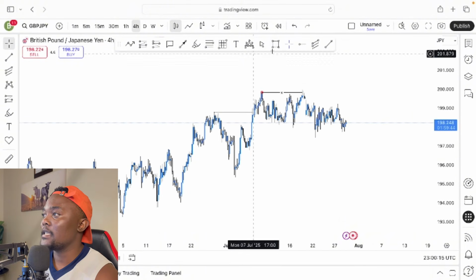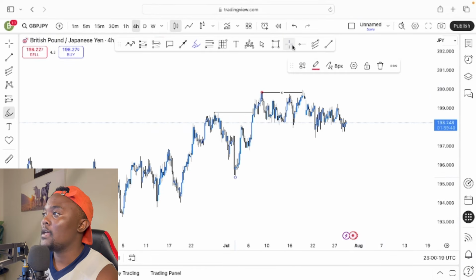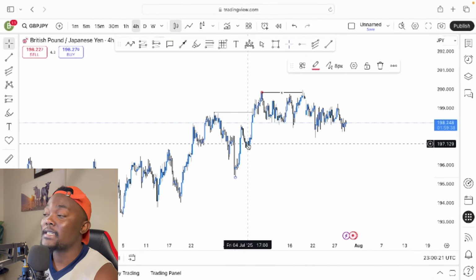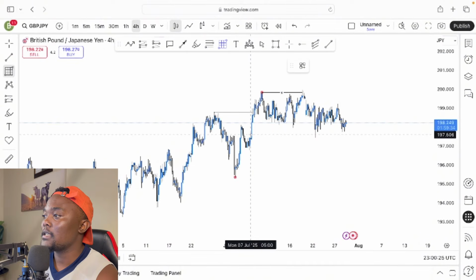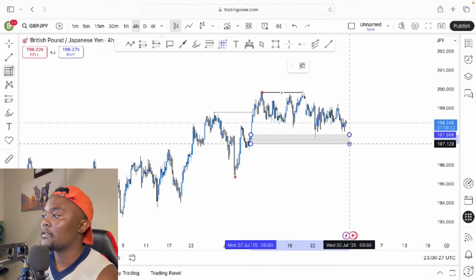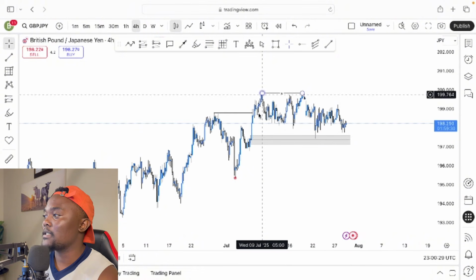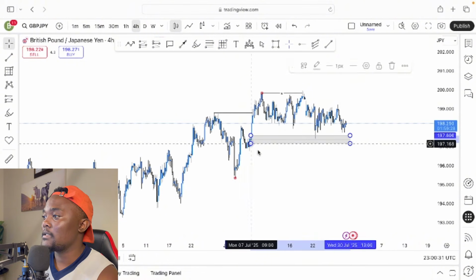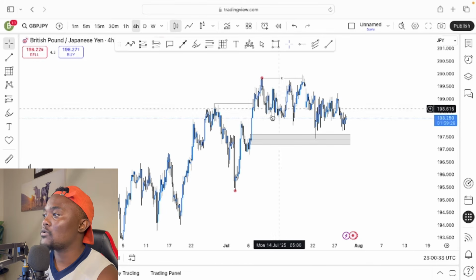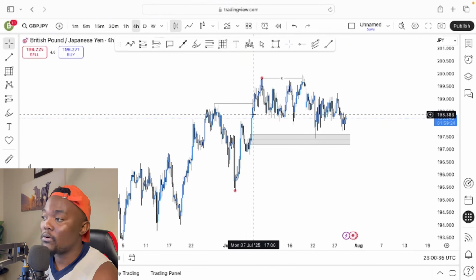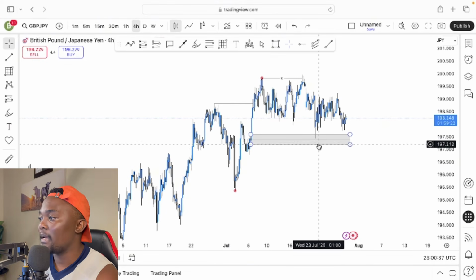So as you can see right here, we have our structure, we have our high, then we have our low. Then we know that we have an overall trading range that we can work on. Around here, this is our last area that gave us this break of structure. This is the demand zone right here, and we also had an imbalance, which was already filled by this price action here.